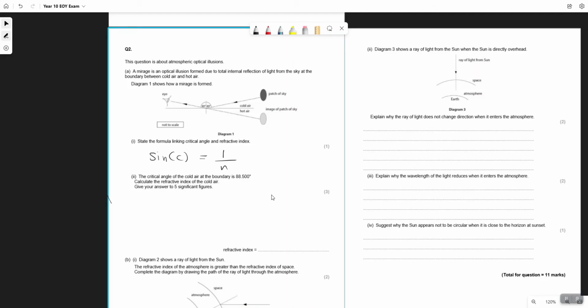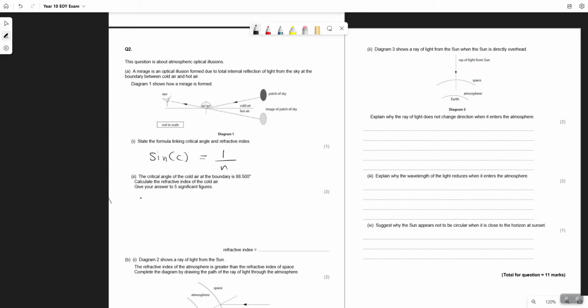Critical angle of the cold air boundary is 88.500 degrees. So we've got our critical angle, calculate the refractive index, give your answer to 5 significant figures. There is a mark for substitution, a mark for rearrangement, and a correct evaluation.